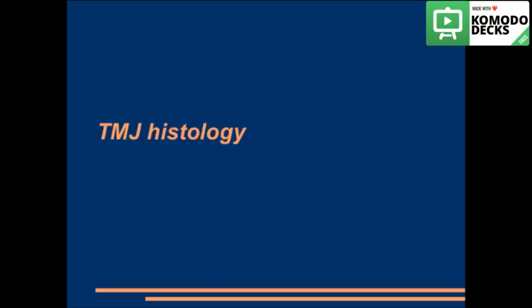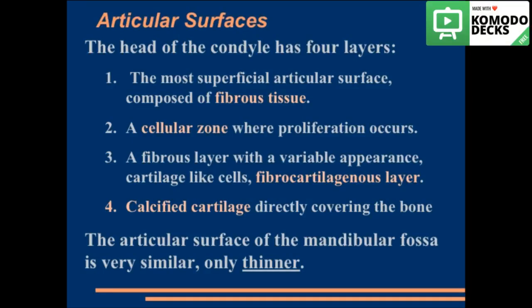Lastly, we'll go through the histology of each part of the sections that we described. The articular surfaces, which are the head of the condyle, lower compartment, and the upper compartment, the mandibular fossa, we said are covered by fibrous tissue in the superficial layer.